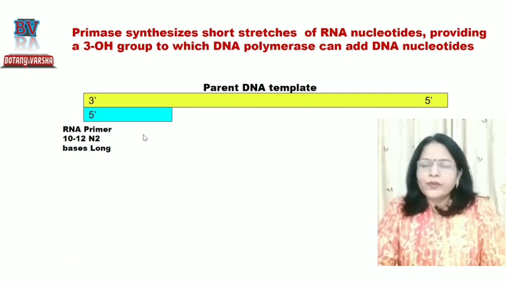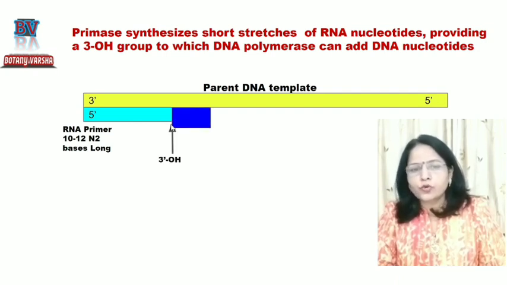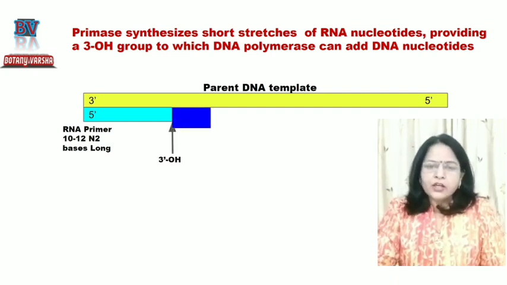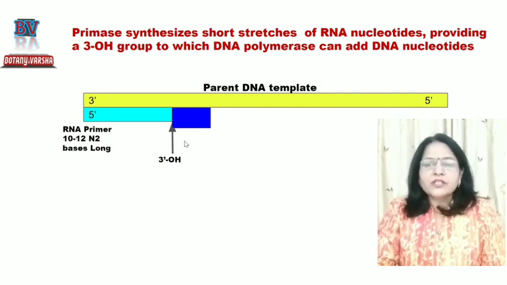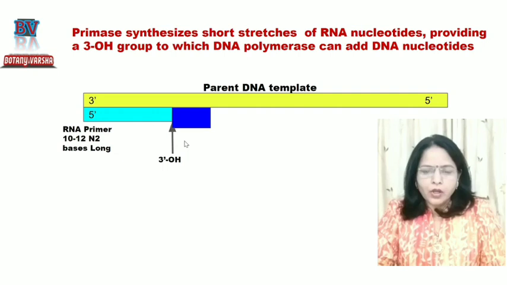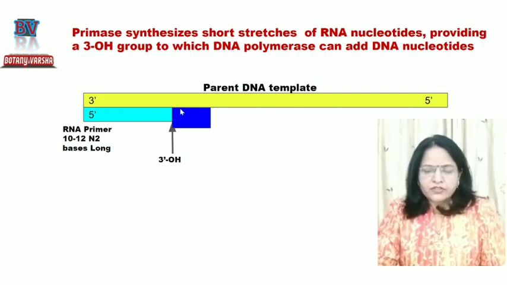If the 3 prime hydroxyl group is not available, then base pairing and new strand formation is not possible. So this is DNA polymerase, which can only attach on the 3 prime hydroxyl group.